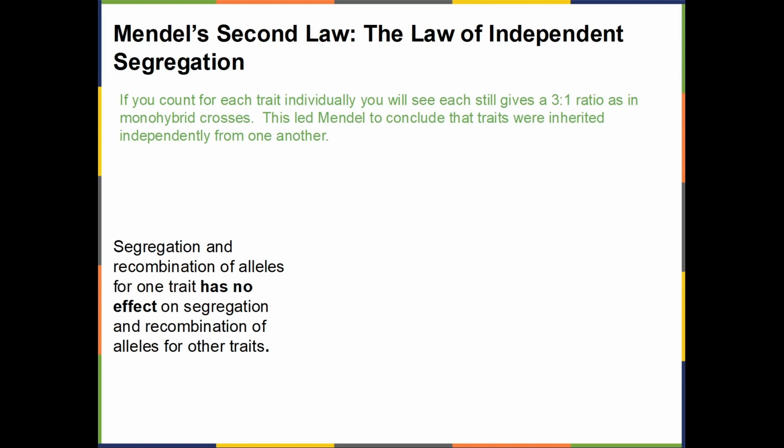Independent assortment, or independent segregation, when we're thinking about it in terms of chromosomes, means that the mom and the dad chromosome is randomly allocated to one of the two daughter cells, right? So it's not necessarily all mom goes to one side and all dad goes to the other side. They're just randomly ordered, and that's what's being talked about here.